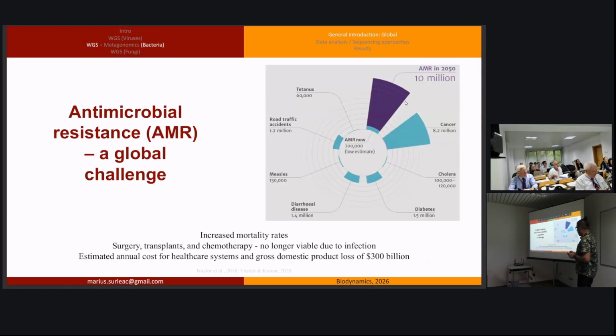So we look at antimicrobial resistance, and we had some previous research grants for surveying different parts in the country to see how the antimicrobial resistance is spread.